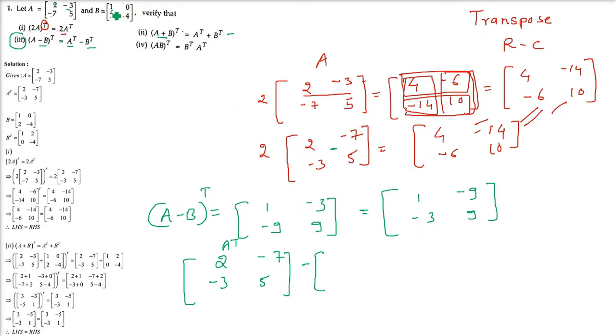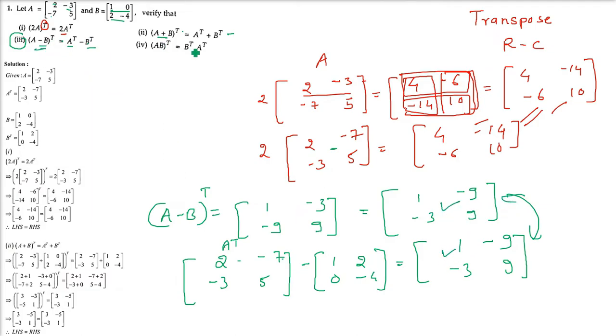B transpose is 1, 0, 2 and -4. Okay, what do you get? 2 minus 1 is 1, -7 minus 2 is -9, -3 minus 0 is -3, 5 minus (-4) is 9. Now do you see these two are equal? Yes, absolutely, they are the same. So second and third are almost similar.